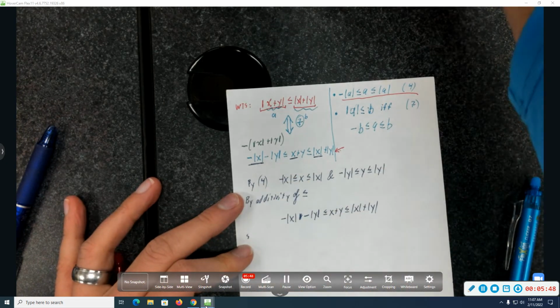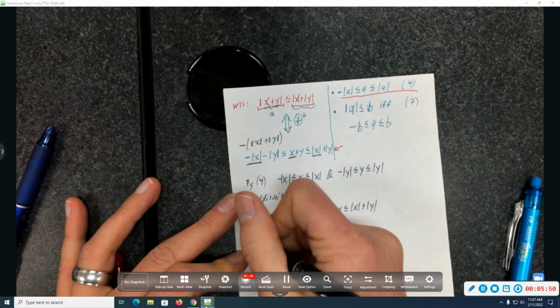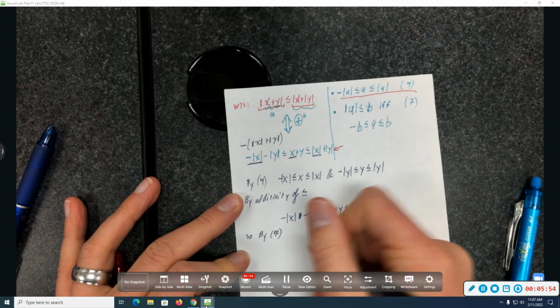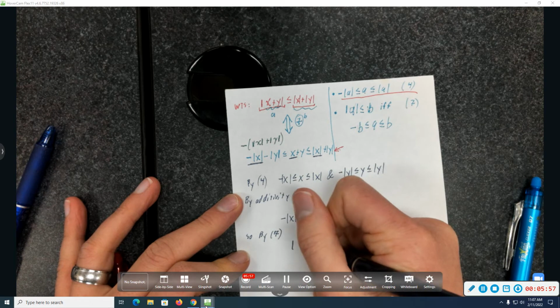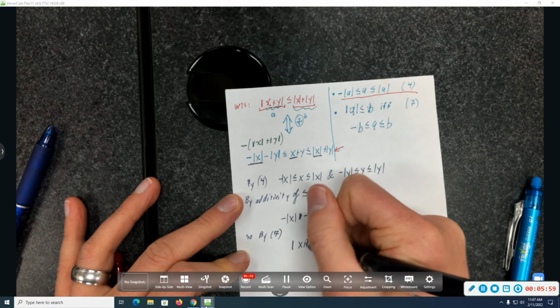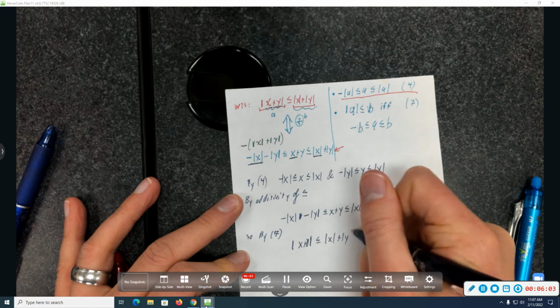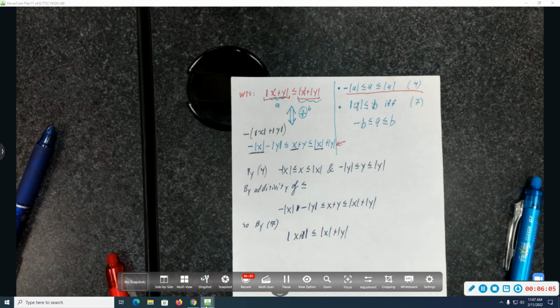By 7, absolute x plus y, less than or equal to absolute x plus absolute y. What do you think? Does that seem like a proof? Yeah, and we can now write it down if we want to.